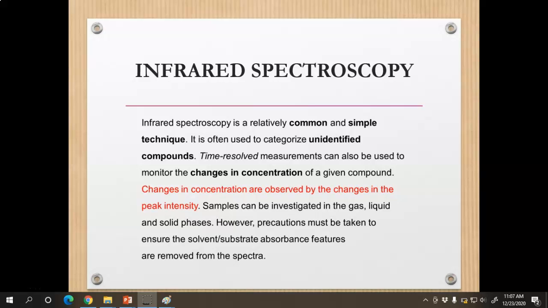Okay, we call it a KBr disk. If the sample is liquid, you can use the KBr disk. If the sample is solid, you can just put it on the plate of the FTIR instrument. However, precautions must be taken to ensure the solvent or substrate absorbent features are removed from the spectra after the experiment was done.